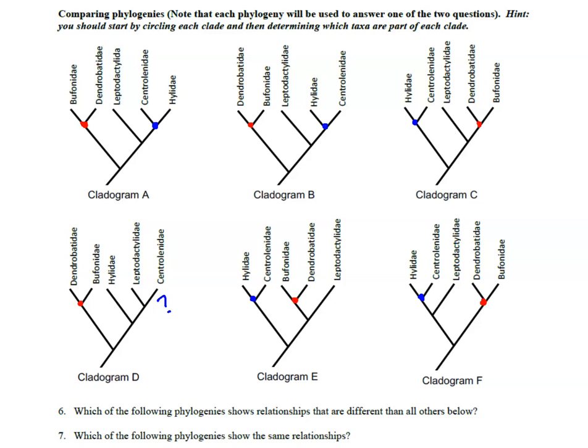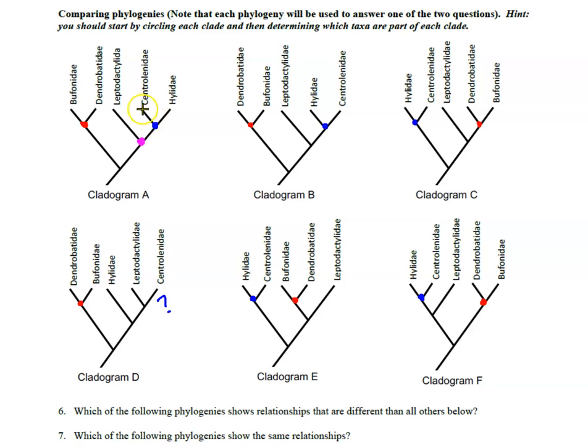So I'm going to pick a new color. I'll pick orange. No, too similar. Let's pick this purple pinky color. And go back to our cladogram A, and we have this node to look at. I'm putting this pinky purple color where we have Leptodactylidae and the C and H groups sharing this common ancestor.